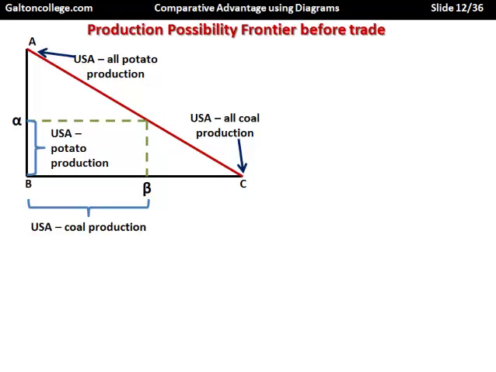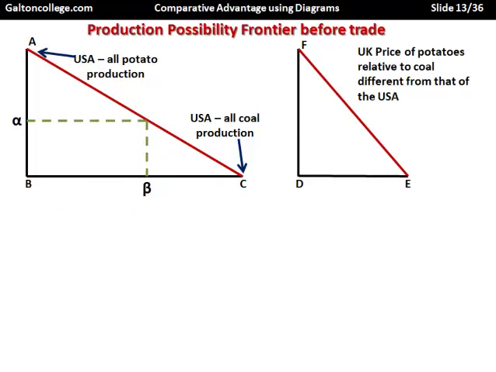So it produces the vertical amount of potatoes indicated by the blue bracket, and the production of coal at the same time would be the amount indicated by the USA coal production. I'll just put the cursor onto the screen. That's the coal production and that's the potato production there. In other words, they're operating over at this point, which is feasible.